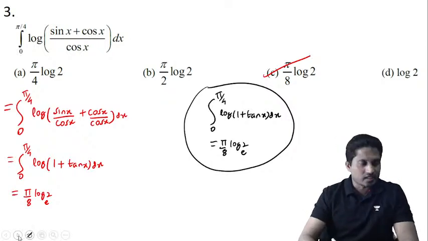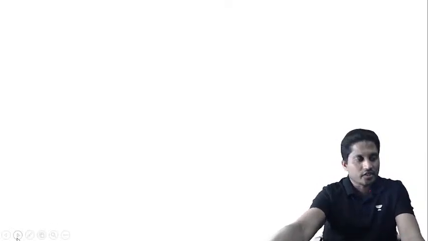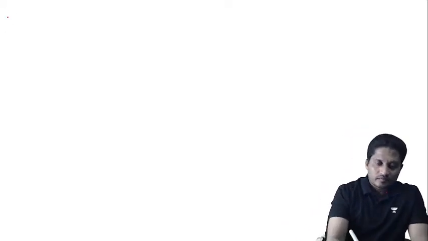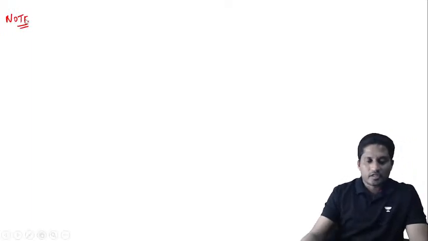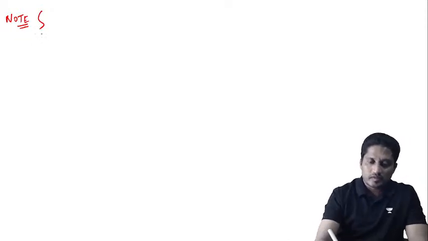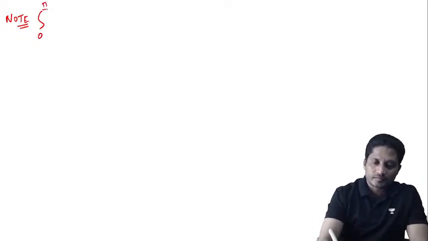See, there are some results, guys, which you need to remember in definite integrals. Let's say you have the integration from 0 to pi by 2 of log of tan x dx.